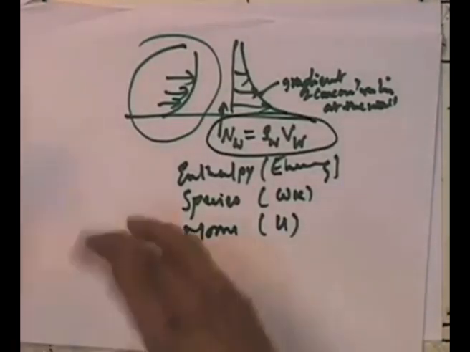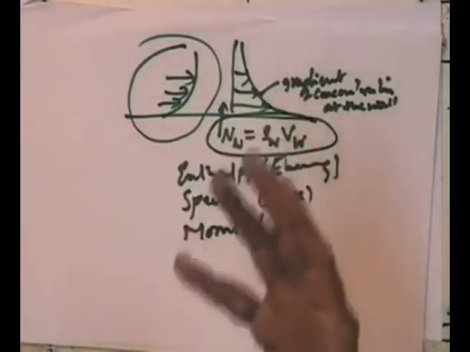In a way, a mass transfer problem is very similar to a natural convection problem, in which the momentum equation is coupled with the energy equation or the temperature equation, and the coupling arises due to the buoyancy term in the momentum equation, which you have done in your undergraduate work.